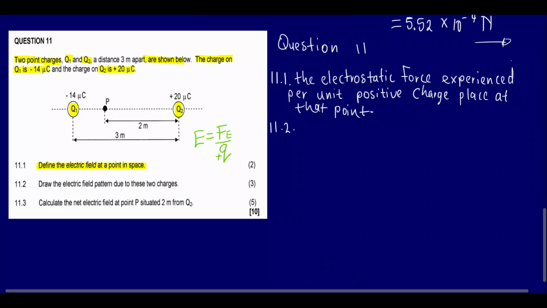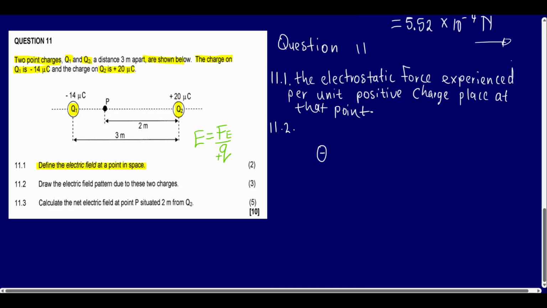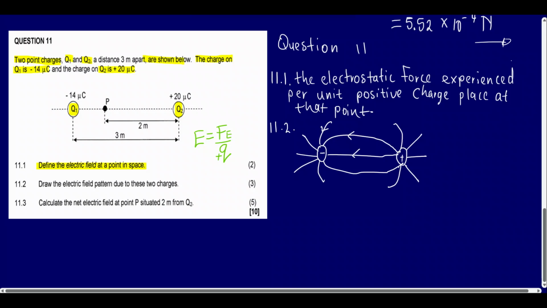So 11.2 here, we have to draw the electric field pattern between the two charges. I think we've drawn this, negative and positive, earlier on in the video for some of the questions. If you didn't know how to draw this, my advice is that please take a look at your notes in class, your grade 11 notes.